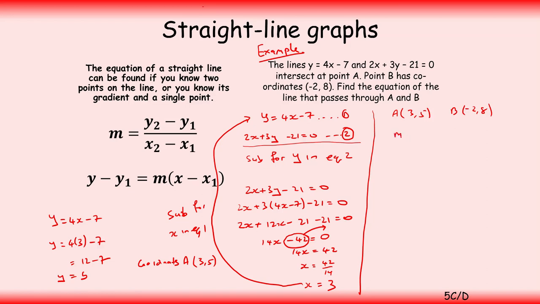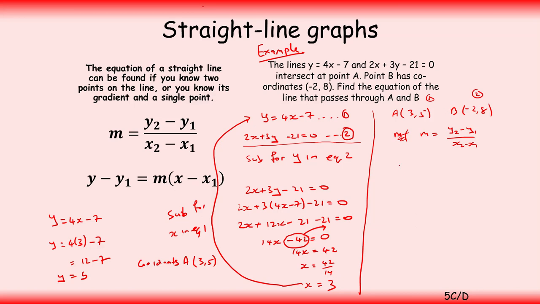Now the gradient m is given by m is equal to the change in y, y2 minus y1, divided by x2 minus x1. If we say this is 1 and this is 2, it doesn't matter which way around we go.